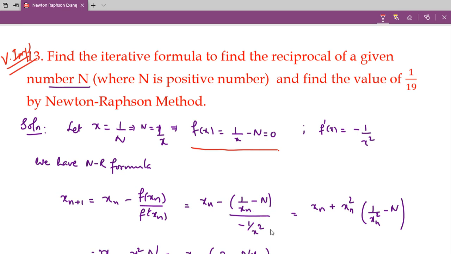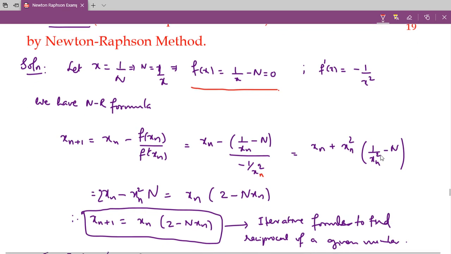So 1 xn goes here and multiplies to this numerator.